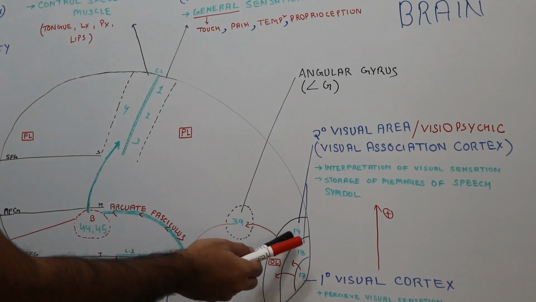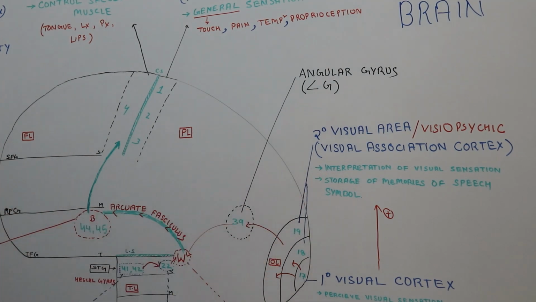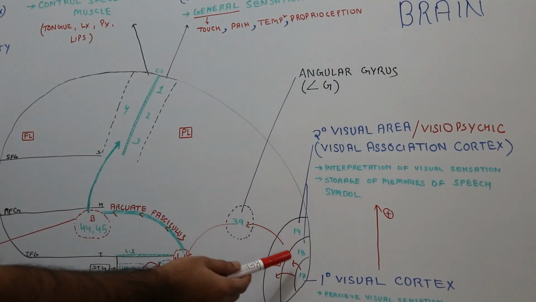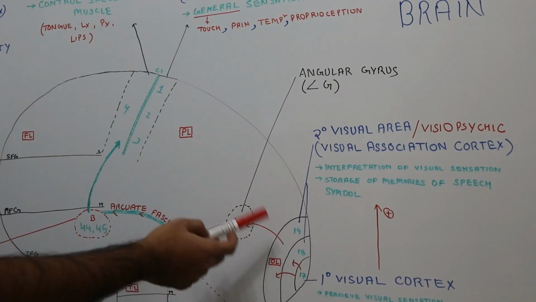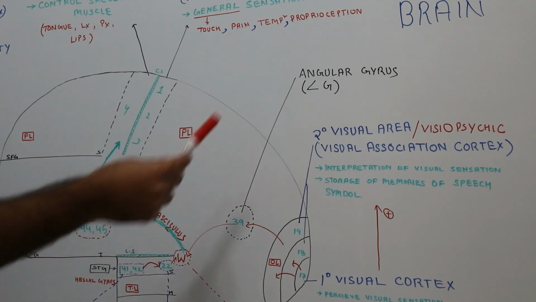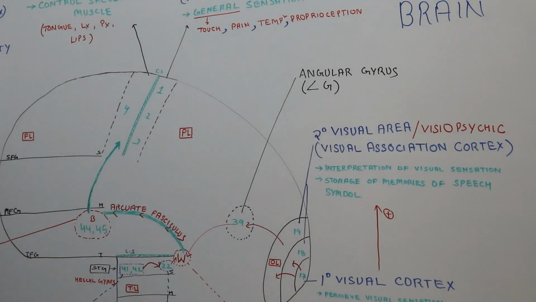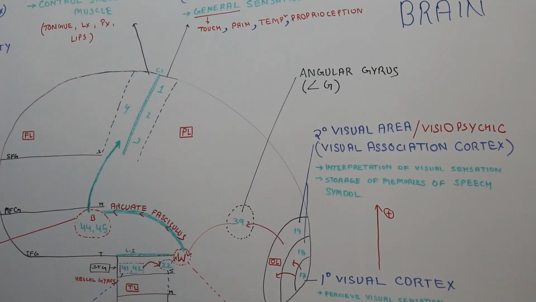Areas number 19 and 18 work as the secondary visual area. After collecting this information, areas 19 and 18 forward the signal toward area number 39, which is present in the angular gyrus. After the angular gyrus, this information will go toward Wernicke's area.